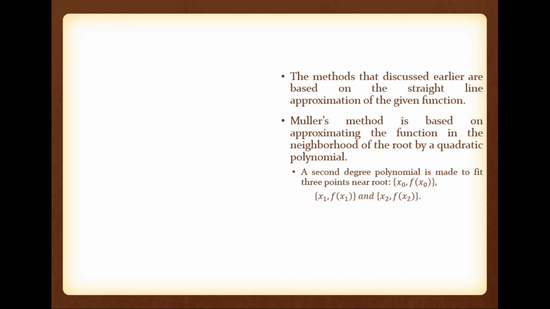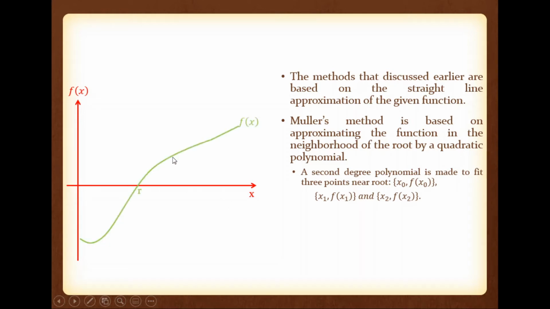Now, in order to explain these initial conditions and the method, assume that f of x is the function where x is the independent variable, and say this green colored one is the graph of f of x, which is intersecting the x-axis at point R. It is intersecting the x-axis, meaning it is crossing the x-axis, so at that point f of x equals 0. So, this is the root.